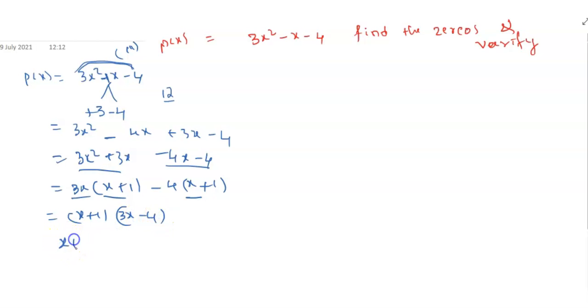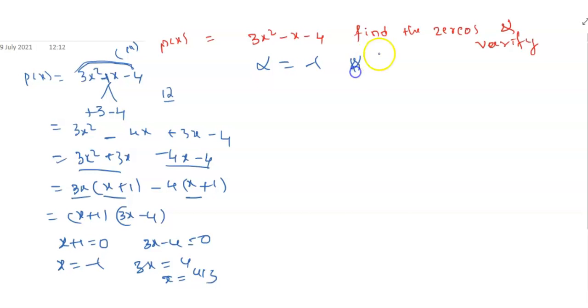Here if I equate with 0, x plus 1 is equal to 0 and 3x minus 4 is equal to 0. What will I get? x is equal to minus 1, and 3x is equal to 4, so x is equal to 4 upon 3. My zeros are here. My alpha is minus 1 and my beta is 4 upon 3.